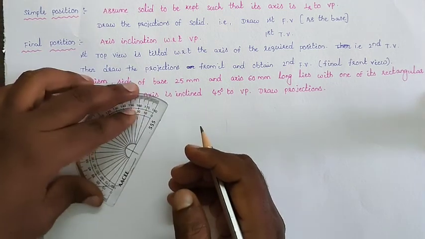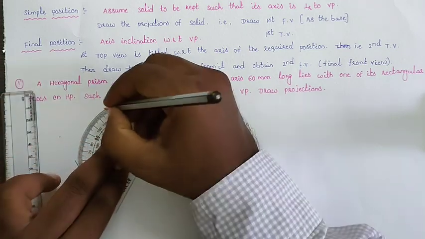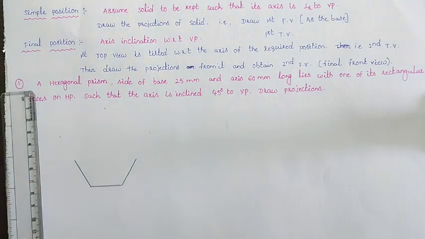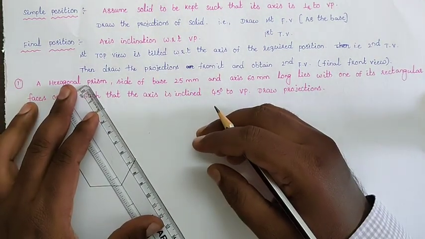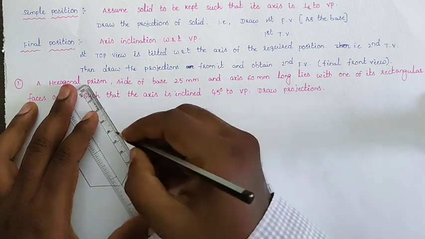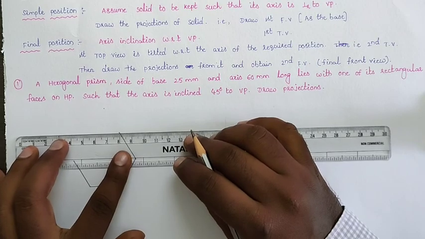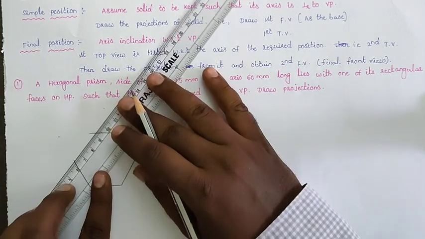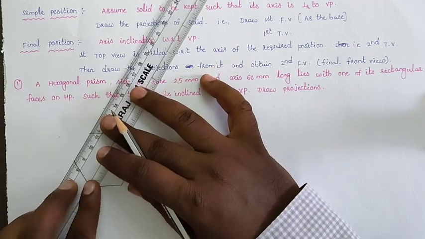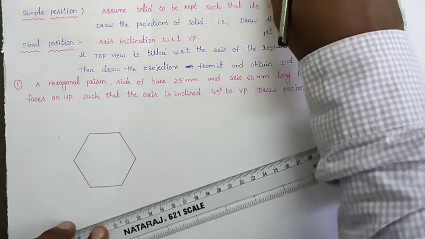From this side also you can take 60 degrees and construct the hexagon. So 25, and this side also you can take 25, and this one. So this is the front view of our diagram.